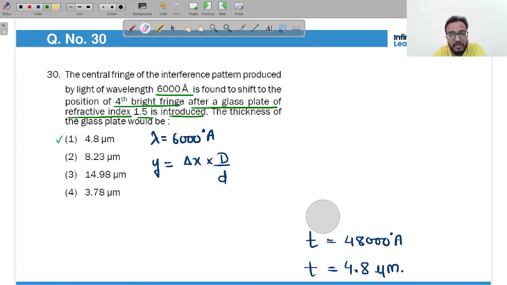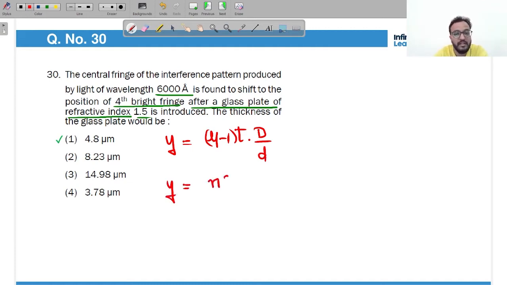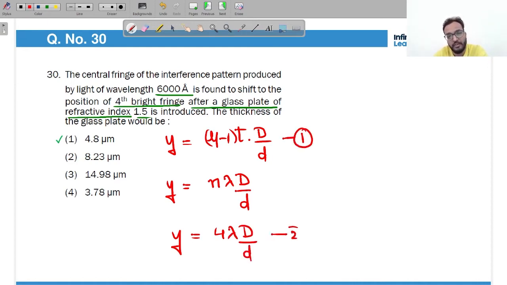So we will say what is y? Y is mu minus 1 into t into capital D by small d, and this is also the position of the fourth bright fringe where n will be 4. So 4 lambda capital D by small d, right? So equation 1 and equation 2, you equate them. Do you understand?